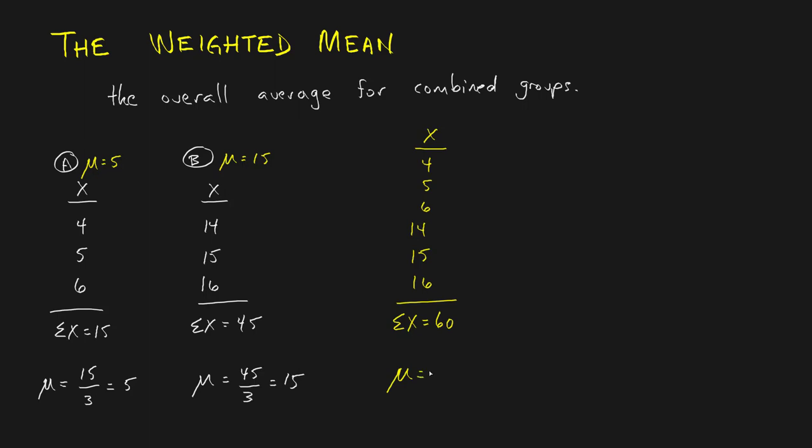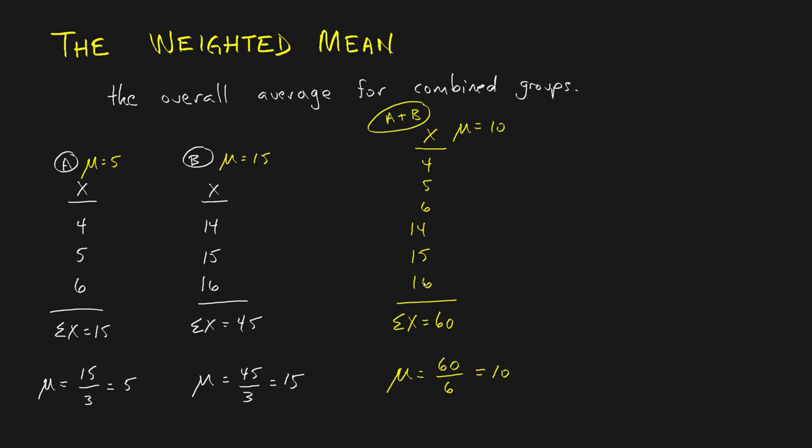And the mean will end up being 60 divided by not 3 anymore, but 6, because we have a total of 6 kids all in this same group. So we've got 60 over 6, that's 10. So the combined average for A plus B is going to be 10.